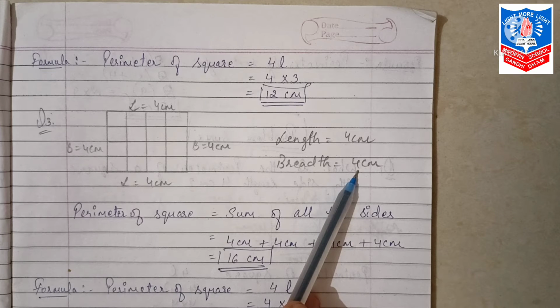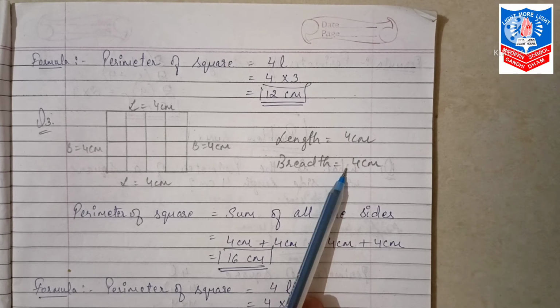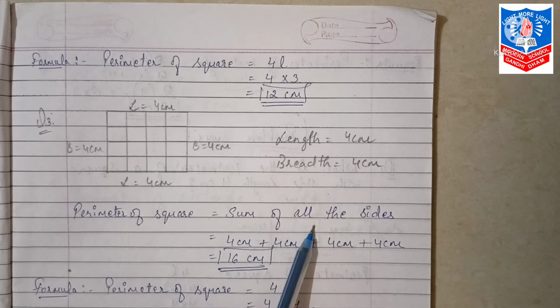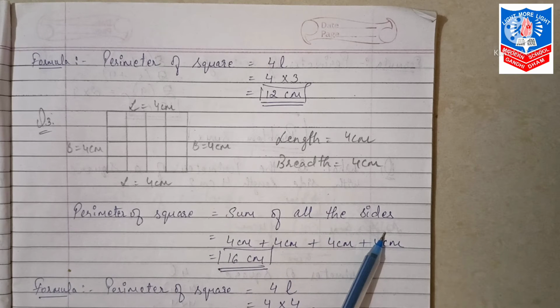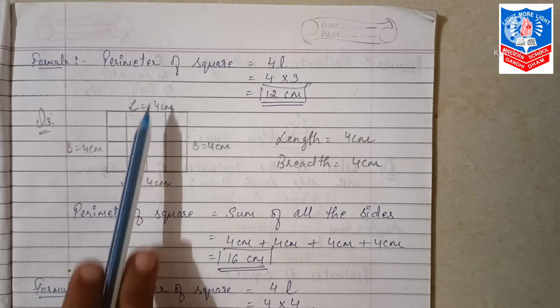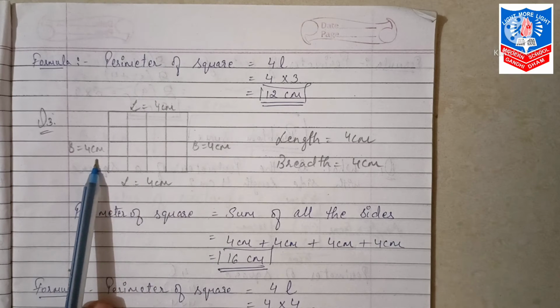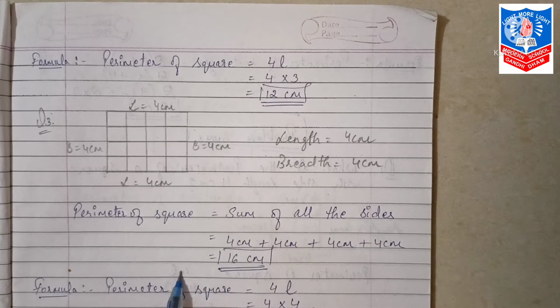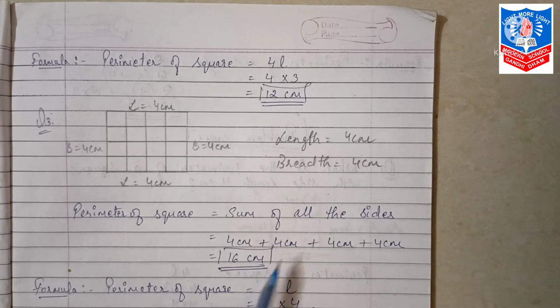Okay. Length और breadth आपका equal हो गया. Perimeter of square equals sum of all the sides. Now we are going to total up 4 centimeter plus 4 centimeter plus 4 centimeter plus 4 centimeter equals 16 centimeter. When you total all these, you will get 16 centimeter as your answer.